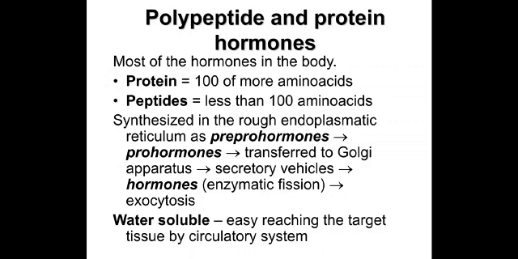So for the polypeptide and protein hormones, most of the hormones in the body have 100 or more amino acids and are proteins. When peptides are less than 100 amino acids, they are synthesized in the rough endoplasmic reticulum as pre-prohormones, cleaved into prohormones, and transferred to the Golgi apparatus and through secretory vesicles.